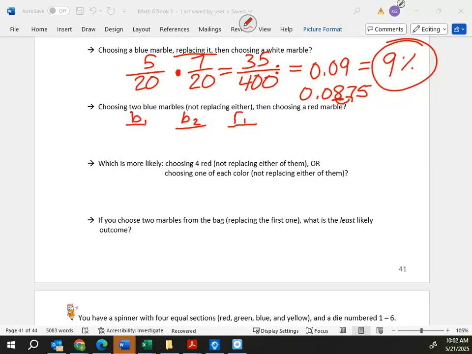Remember, we multiply all the way across. Are you writing your probabilities, Kaden? Okay, then multiply straight across. And see what decimal you get.